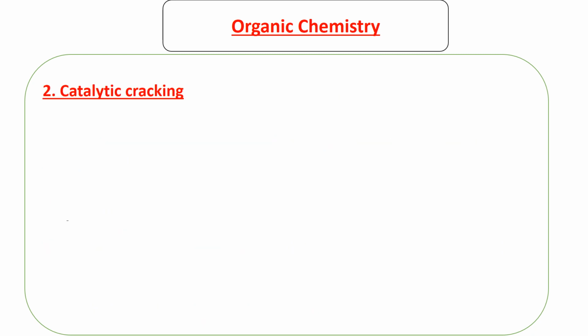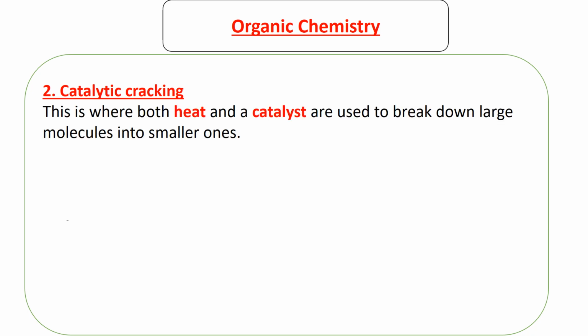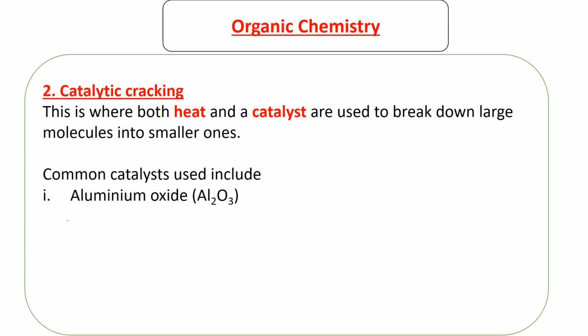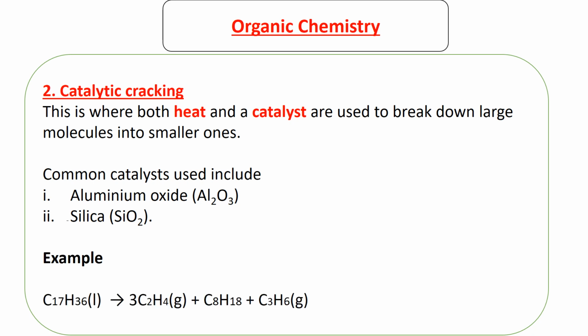Next, we go to catalytic cracking, the other type of cracking. This is where both heat and a catalyst are used to break down large molecules into smaller ones. Common catalysts used include aluminium oxide, silica, or silicon dioxide. For example, here we have an alkane with 17 carbon atoms.